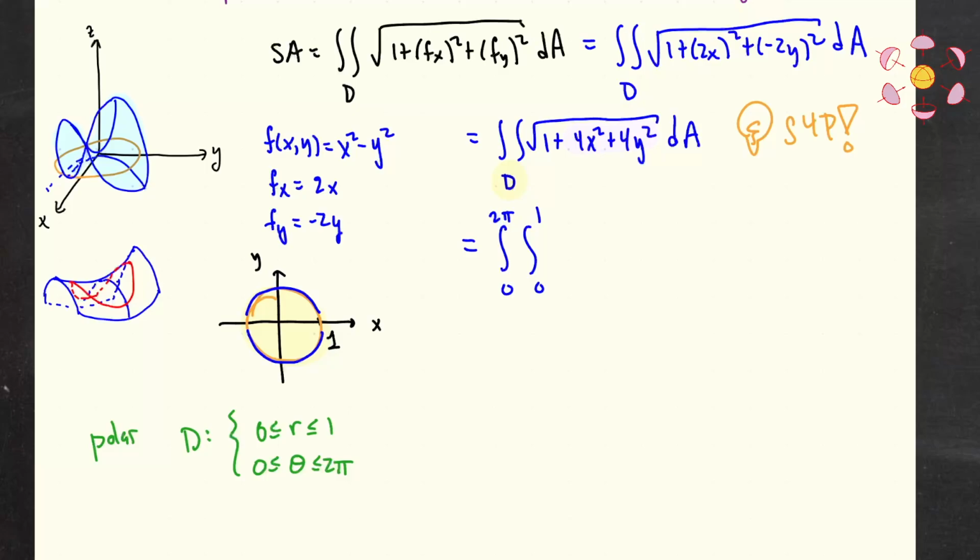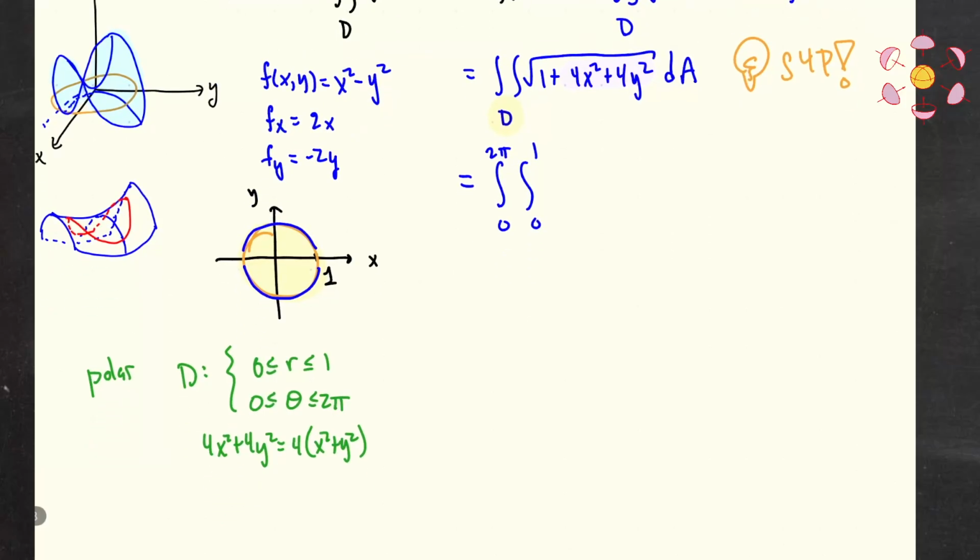The other thing is I've got a 4x squared plus 4y squared. If I pull that out, I've got the x squared plus y squared, which when you're screaming for polar coordinates, you know that is what you're looking for. So the integrand becomes the square root of 1 plus 4r squared.